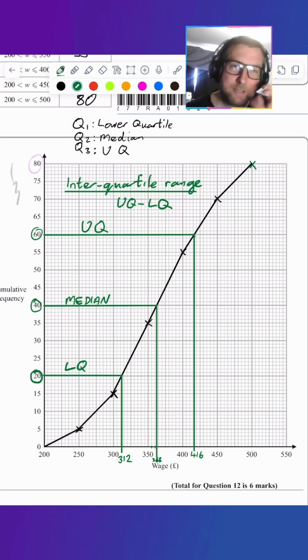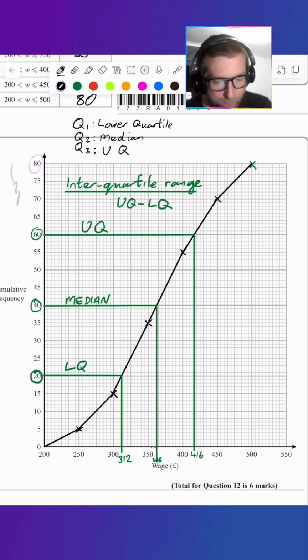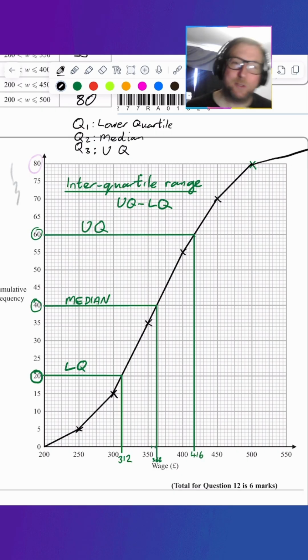And it's a better measure of spread because often the range is thrown off by outliers, isn't it? If we had one value, maybe there was a CEO in these data, and we had this one CEO who had a massive wage, so the graph went miles over here just because of the one guy who had a huge salary.